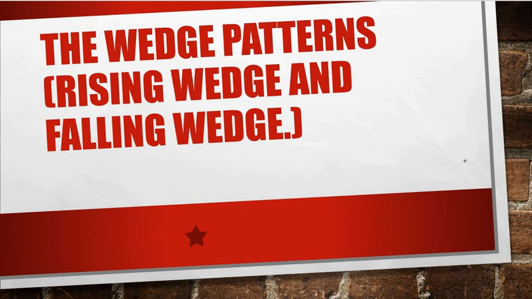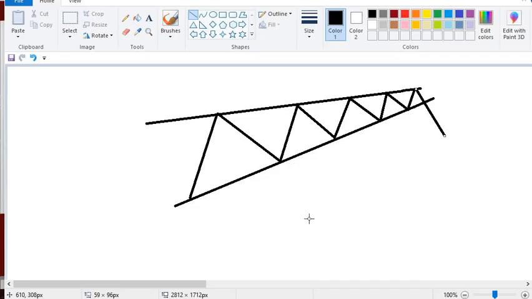So let me show you the illustration of the sloping support and resistance. Rising wedge is formed when price consolidates between upward sloping support and resistance lines, as it is shown in the illustration.